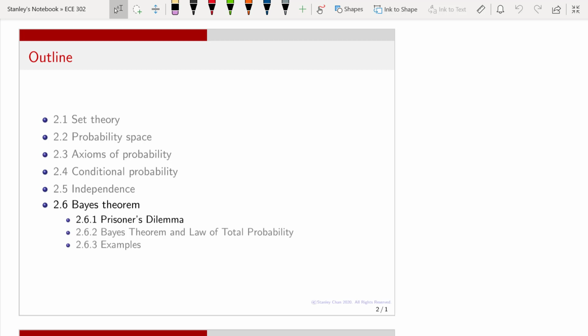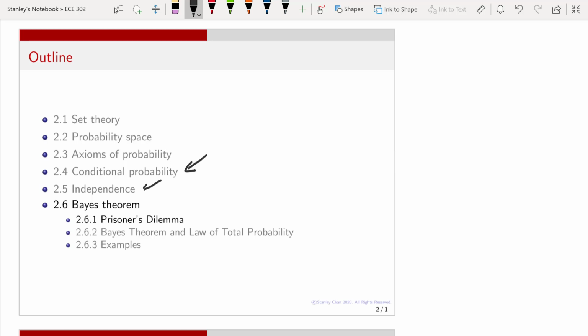This is lecture 2.6. If you recall our previous lectures, this is the third part of our discussion on conditional probability. In section 2.4, we talked about the meaning of conditional probability, a very easy definition: you take the intersection of two events and then divide it by the other event.